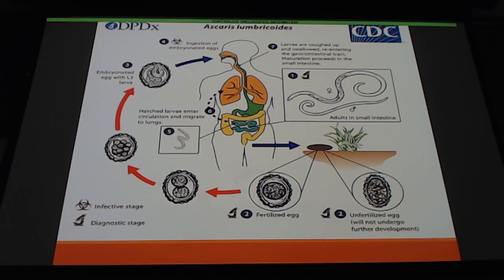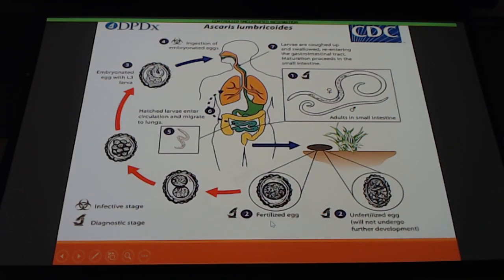With these guys, they become so overburdened in your gut that sometimes they may come out of your mouth or nose, and sometimes they may come out of your rectum. Okay? Not to mention, these things are really big. Remember, these guys like to hang out in the duodenum, so it puts them really close to the stomach, which allows them to come back up, to come out of your nose and your mouth when they have an overburden.